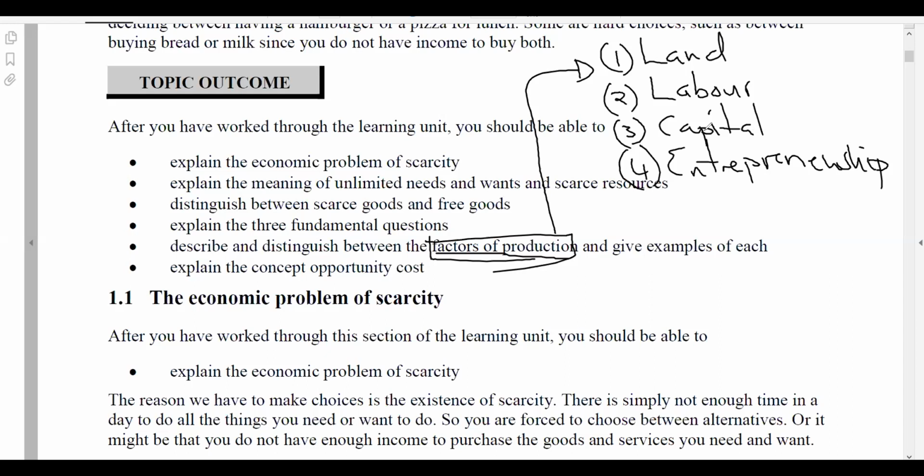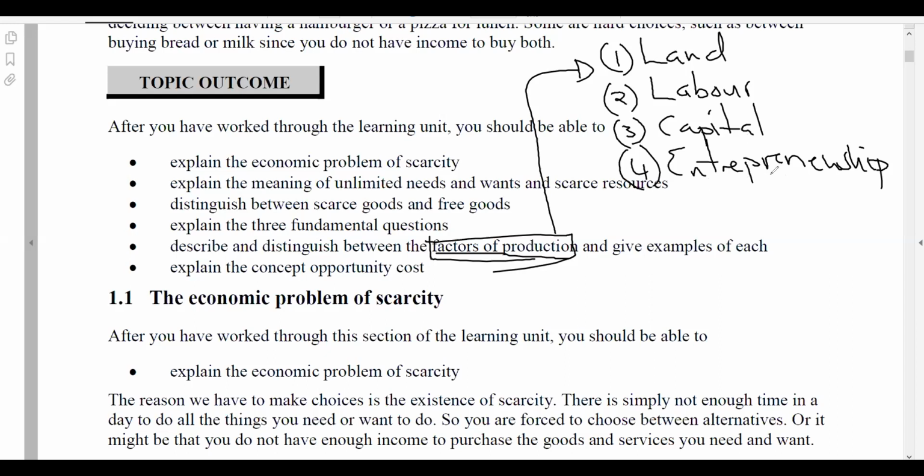Okay. What about entrepreneurship? This one I'm lost. Entrepreneurship now has to do with our capacity to combine land, labor, and capital to produce a particular good or service. That is entrepreneurship.